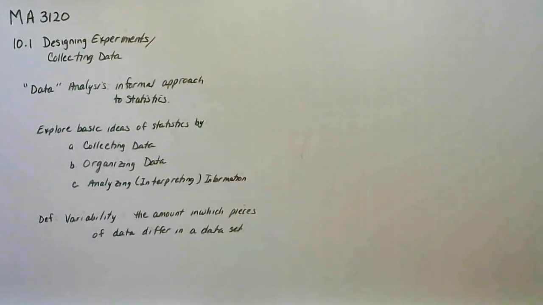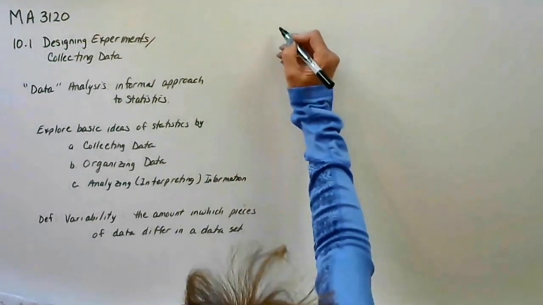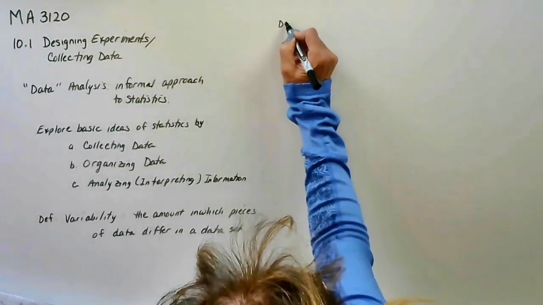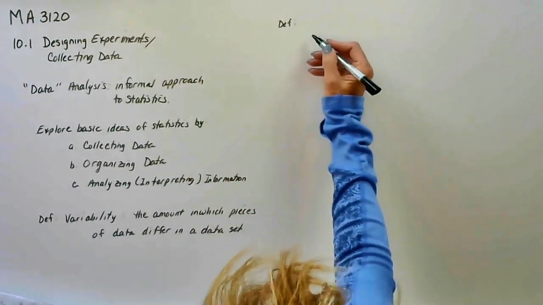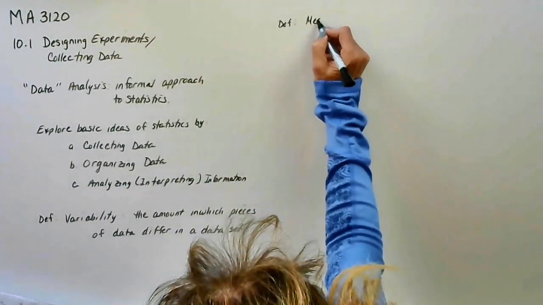Okay, and we have different types of variability. We have 4 different types: measurement variability, natural variability, induced variability, sampling variability. So let's do some subsets of what kinds of variability we have. The first one we're going to take a look at is measurement variability.